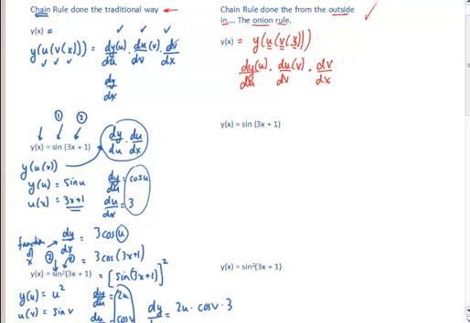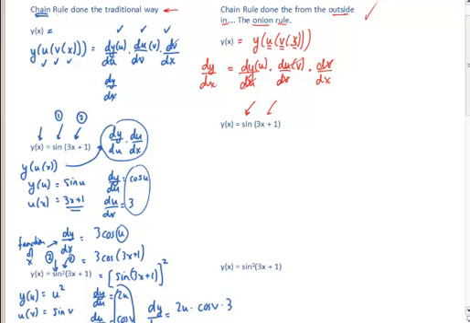And if you look at the notation, if your goal is to get the derivative of y with respect to x, all of these terms, as before, cancel, and you're just left with dy dx. So let's get started and show you how it works.